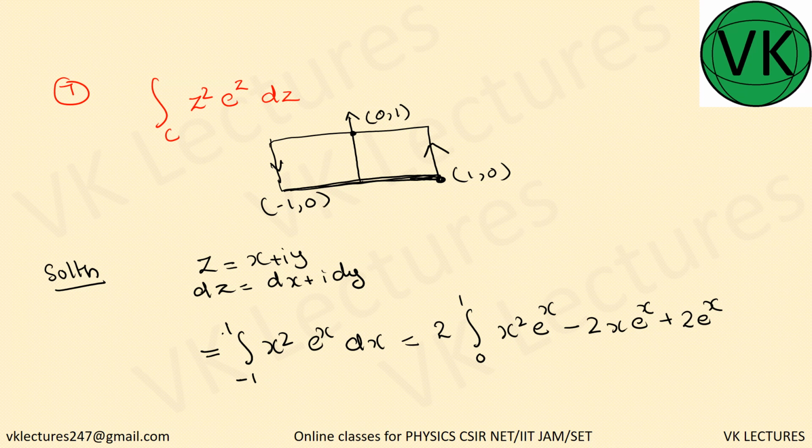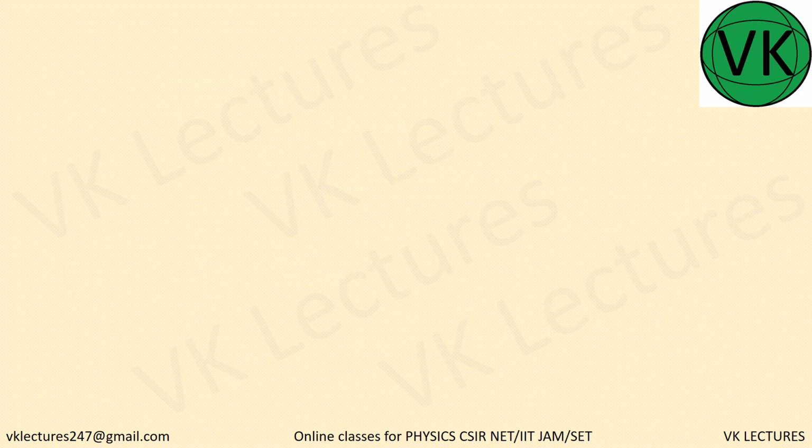So we can write as minus 1 to 1 of x square e raised to x minus 2x e raised to x plus 2 e raised to x.